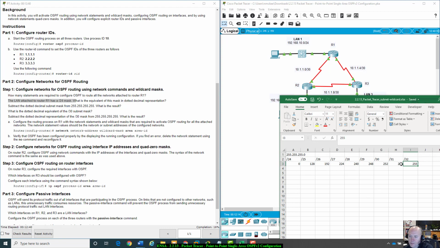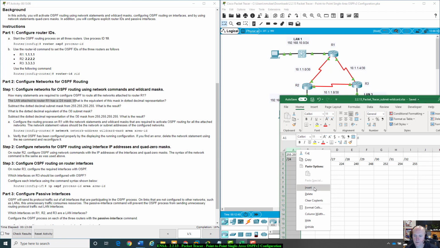And we'll show you with subnet wildcard masks. The inverse of the subnet mask is the wildcard mask. All right, because I'll do this for all 4 octets.